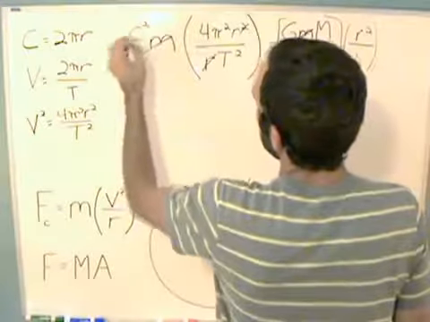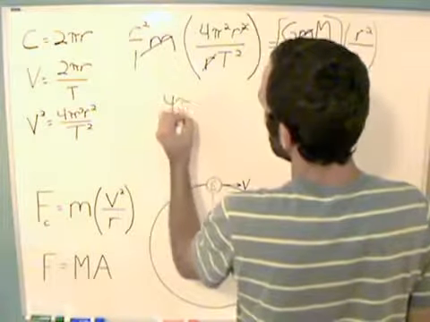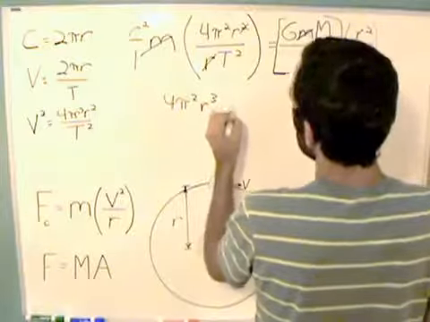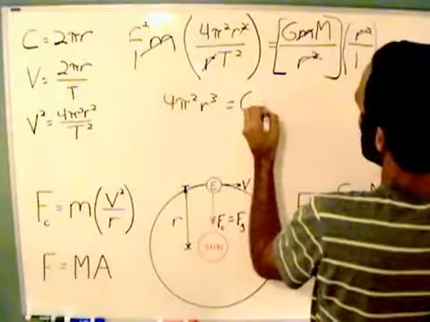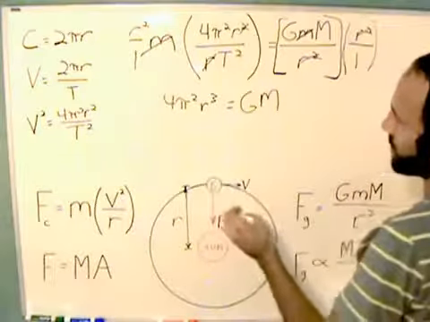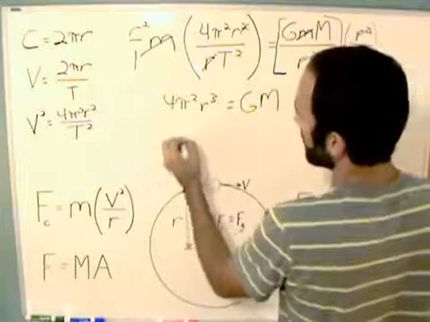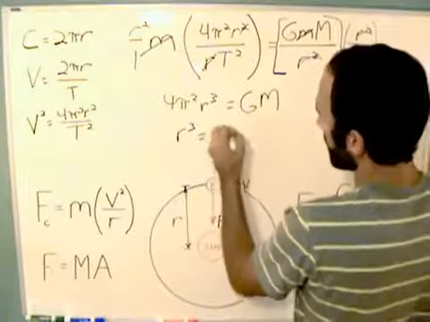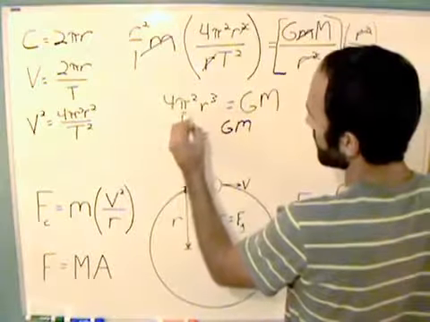And that gives us 4 pi squared r cubed equals, and r squared cancels on this side, G times big M. And then we want to get r by itself over here, so we just divide by 4 pi squared. I'm not going to actually show the steps, but we'll just say r cubed equals GM, nope, I missed the T squared.